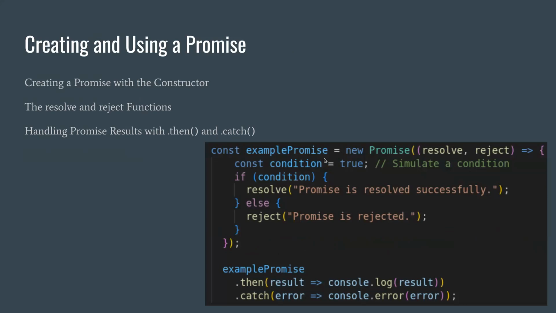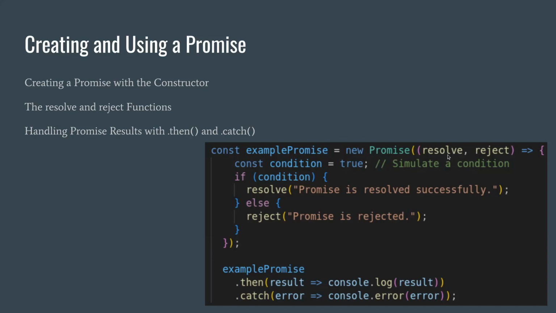Creating and using a promise. So if we are to create a simple promise, you will want to create a promise with a constructor. The new Promise you see here, the Promise constructor, is used to instantiate a promise. And this promise takes a function with two parameters.